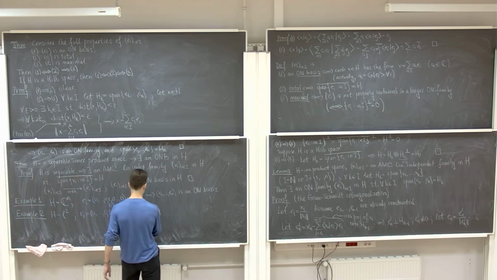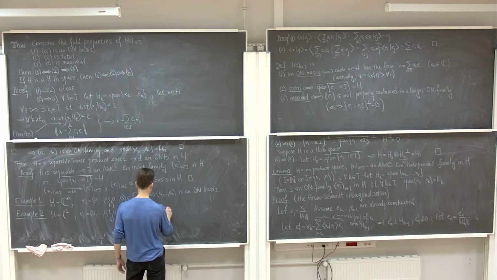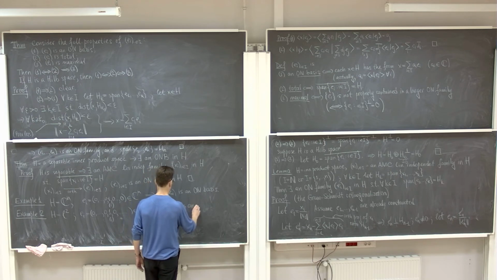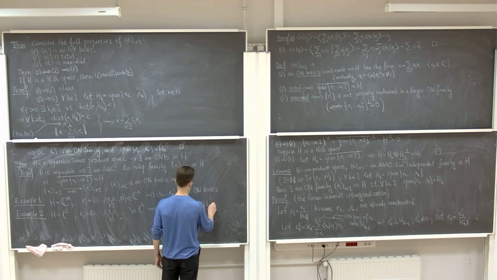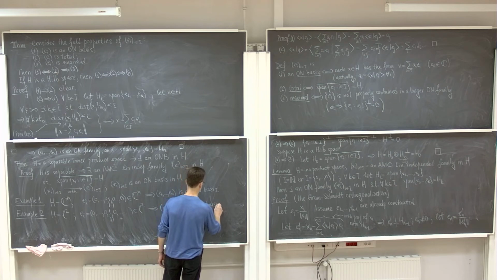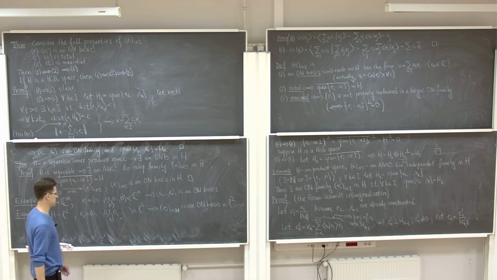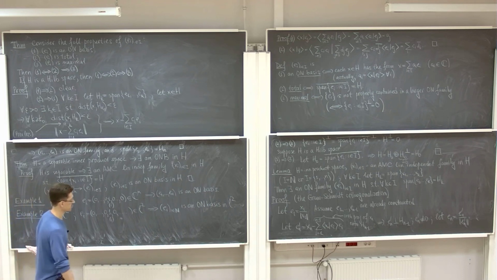Well, it's easy to see that Ei, now it is countable, is an orthonormal basis in L2. It is obviously orthonormal.